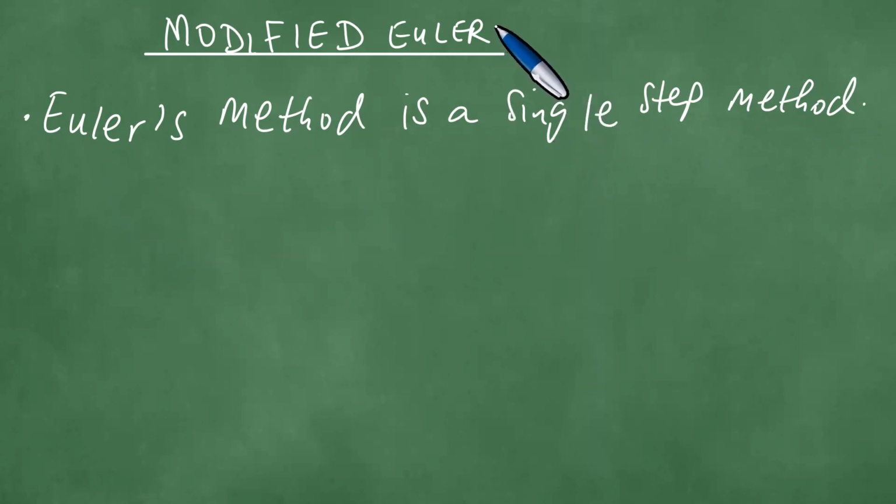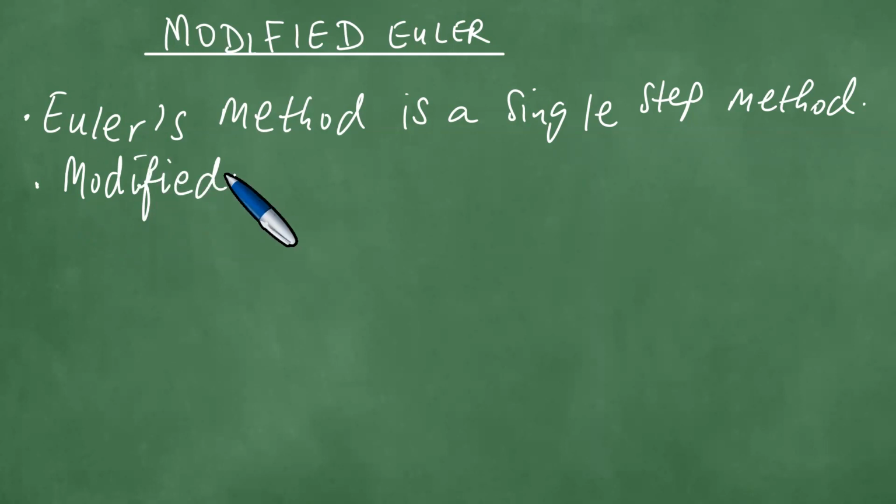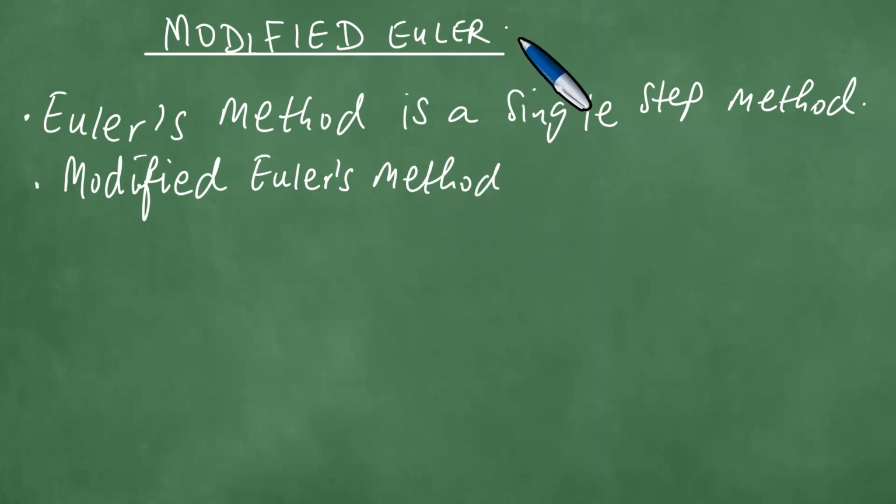So now here we can say it is the modified Euler that we're talking about. Modified Euler's method.